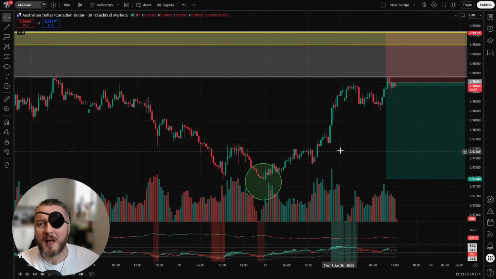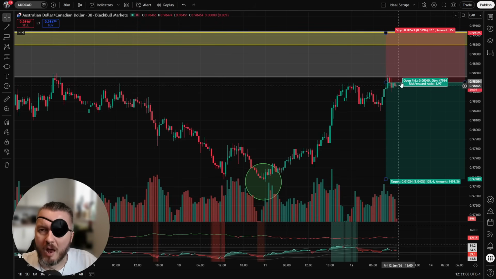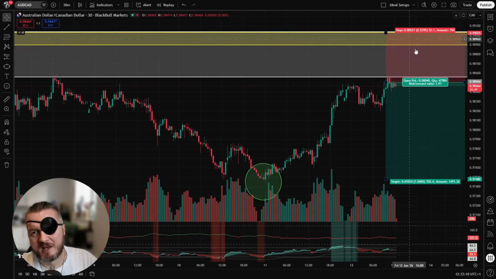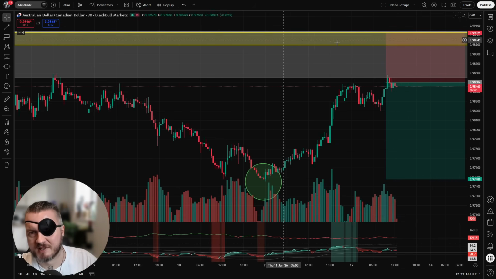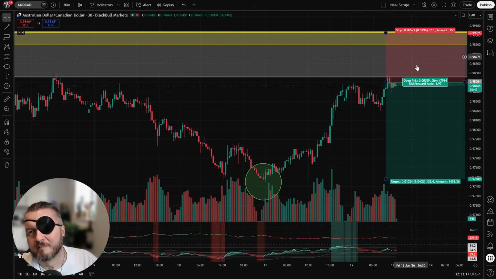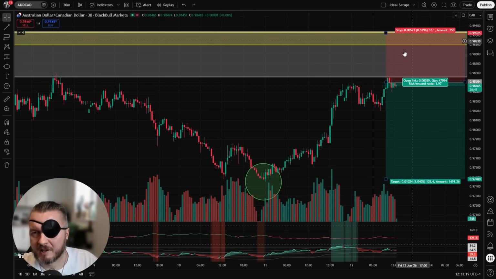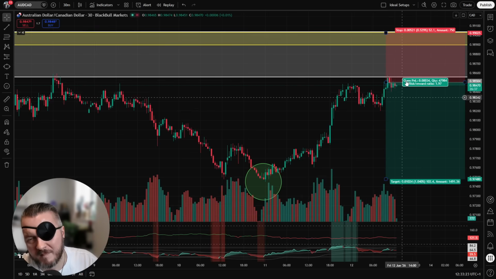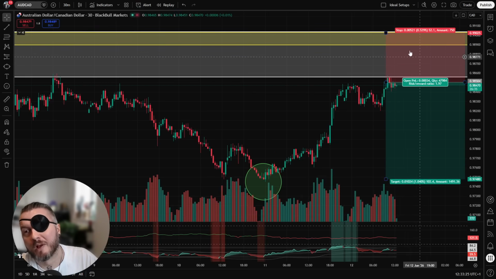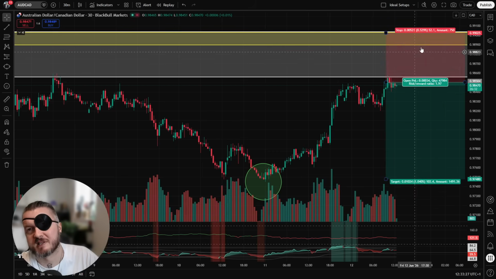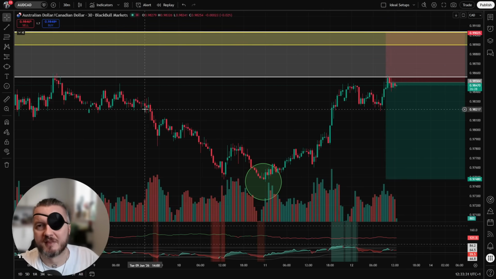But yeah, I'm prepared for it to reverse on me a little bit, test this area, likely this fair value gap here, like I said, that was created last week. But we've got this area of interest here, and I think it's fairly likely it will retrace and test this area of interest, more likely the fair value gap.